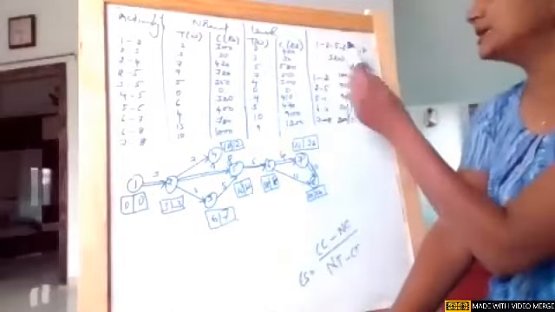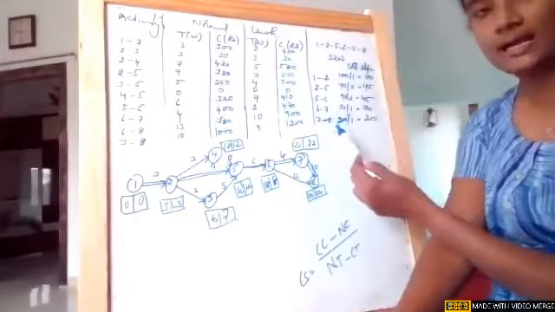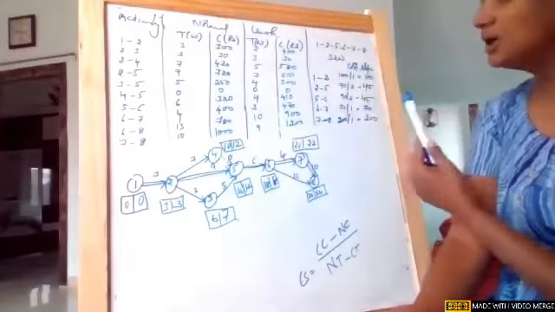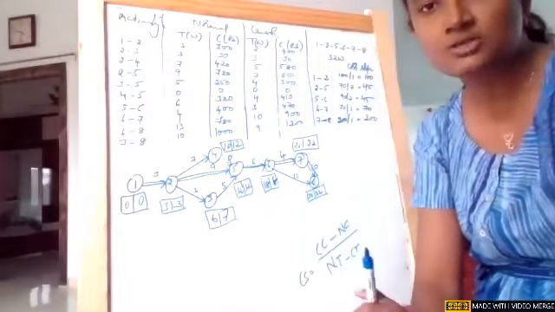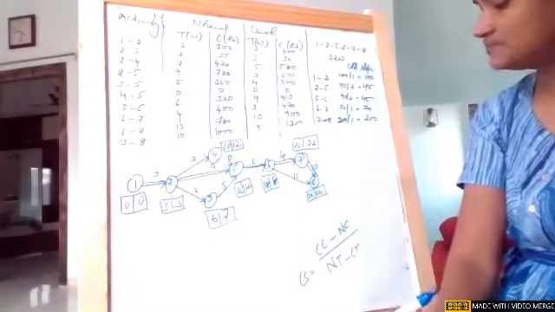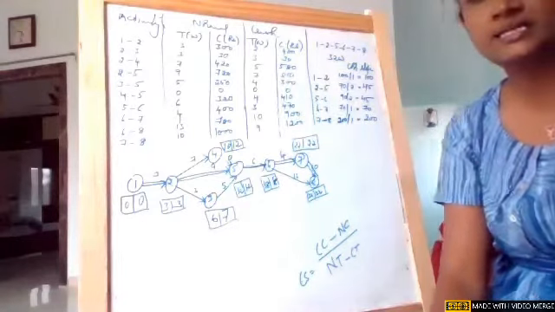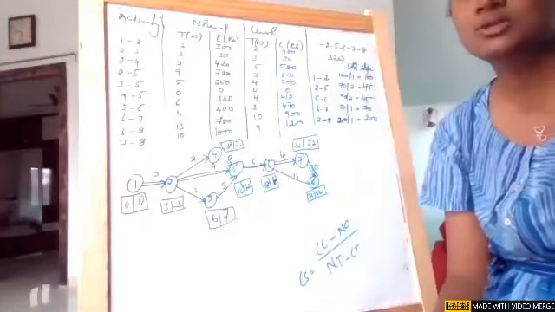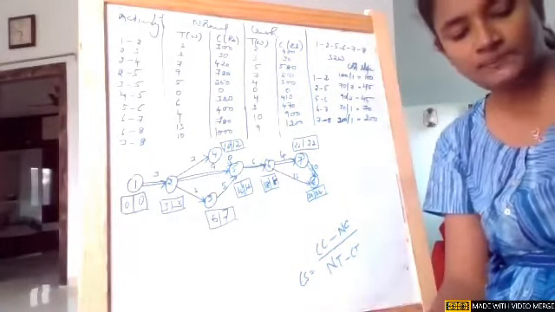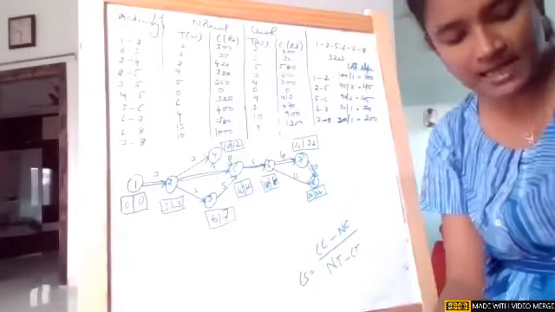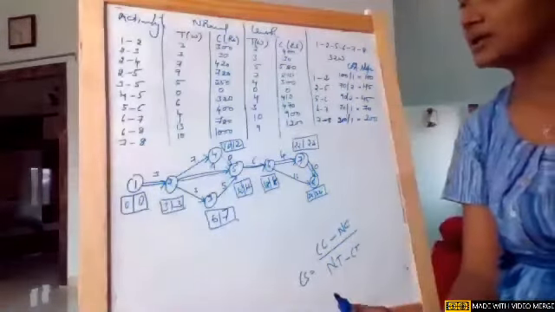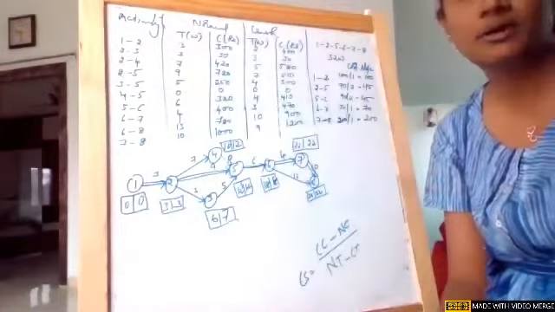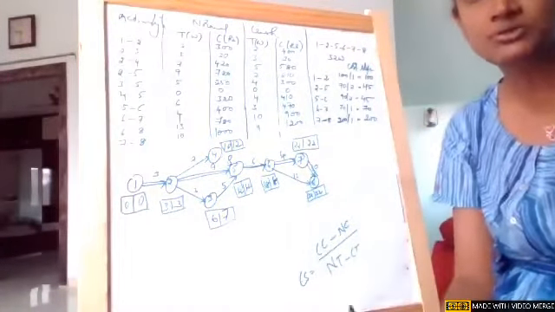After finding out the critical path, for all the critical activities, we need to find out the cost slope. The formula for cost slope is crash cost minus normal cost divided by normal time minus crash time. After this, we need to pick the lowest slope and start crashing. That is the process we are supposed to follow.